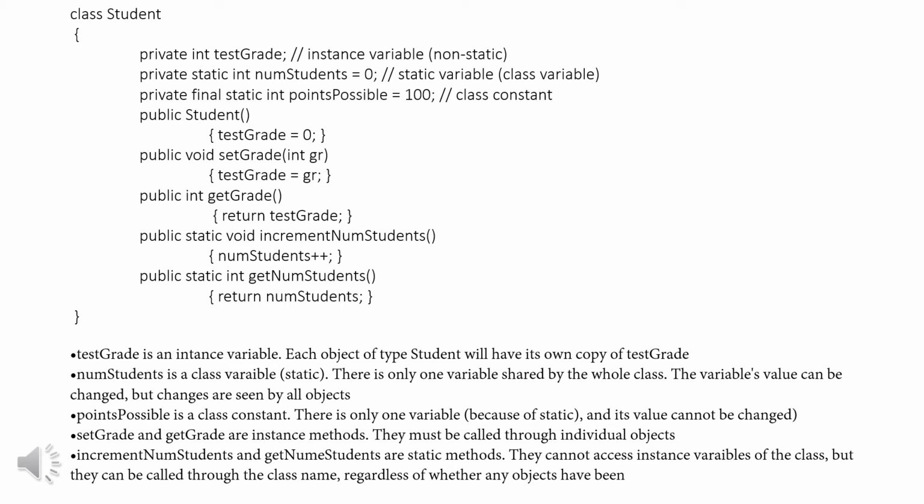And I have public static int getNumberOfStudents, right? It's going to return the number of students. So here again, for calling this method, I don't need to create the object.